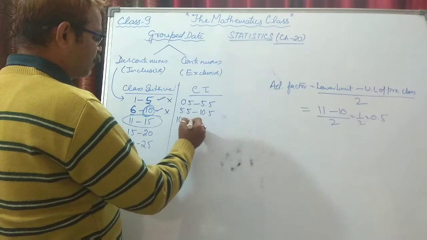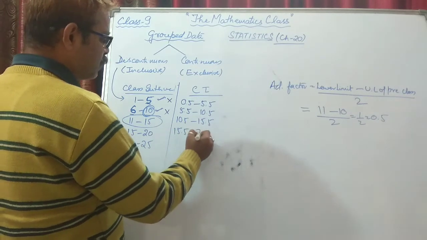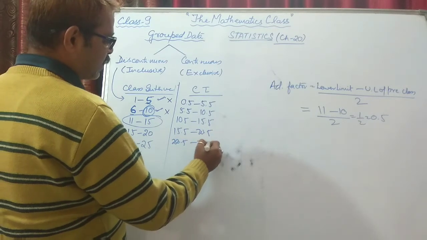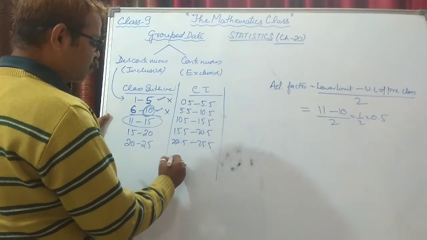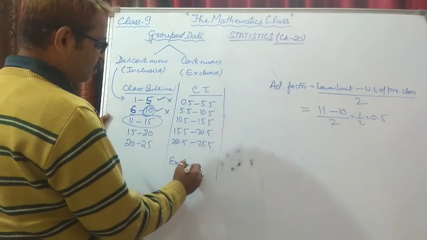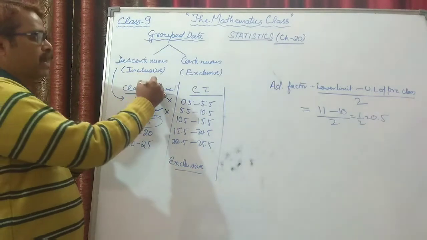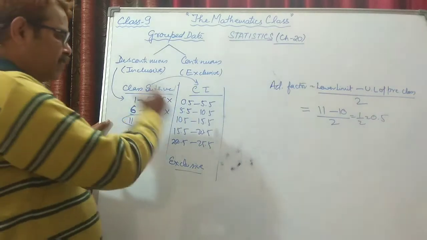Similarly, 10.5 to 15.5, 15.5 to 20.5 and 20.5 to 25.5. Now this has converted to exclusive or continuous. So this is how we convert inclusive to exclusive data, or discontinuous data to continuous data.